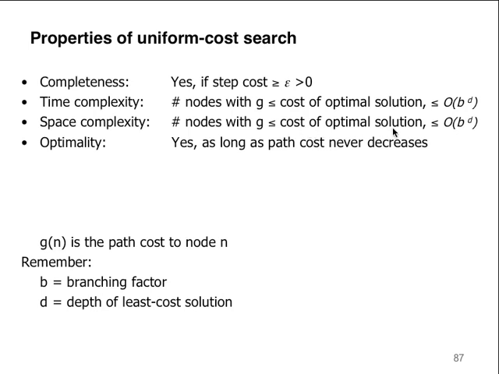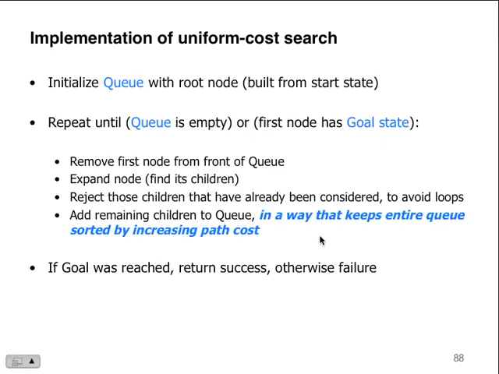Optimal, yes, as long as the path cost never decreases. So it never goes smaller, it always stays at the same level, which is essentially what we're going to use to determine the next step in the unfolding. So g of n is the path cost of the node to remember, b is the branching factor, and d is the depth of the solution. We're looking for the smallest d in this particular case.